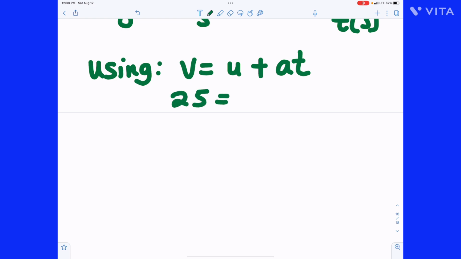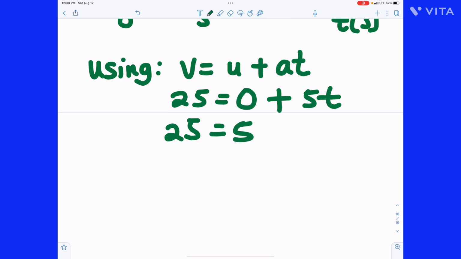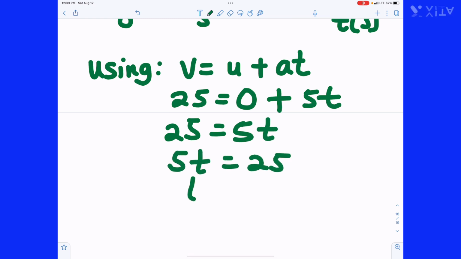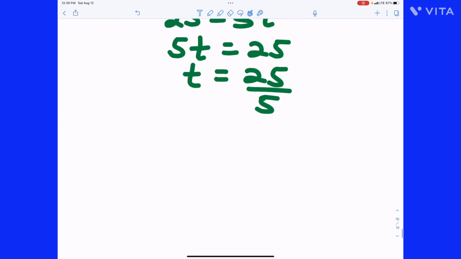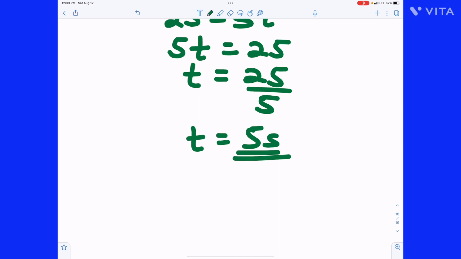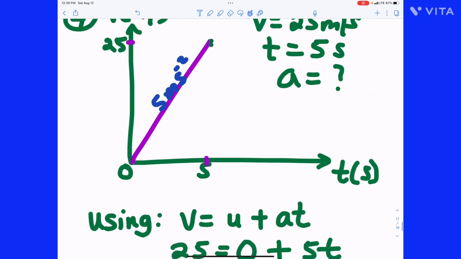V is 25, U is 0, A is 5, but I don't know T. So 25 is equal to 5t. T is equal to 25 over 5. It will take it 5 seconds to accelerate to 25 meters per second.